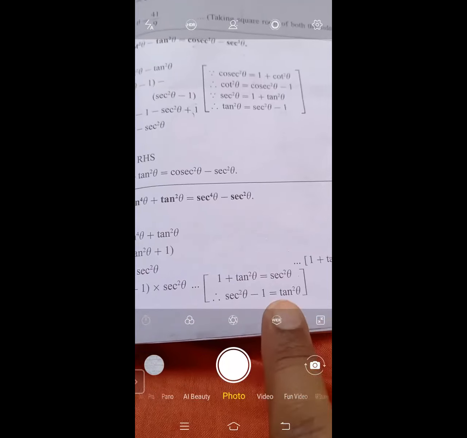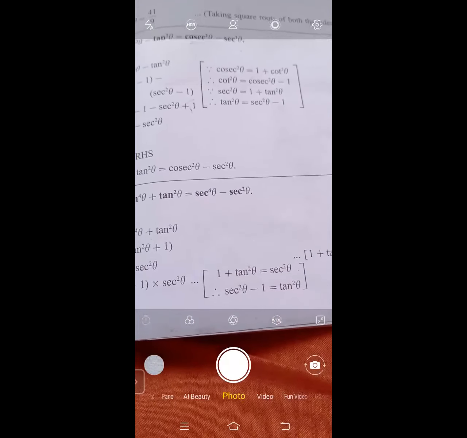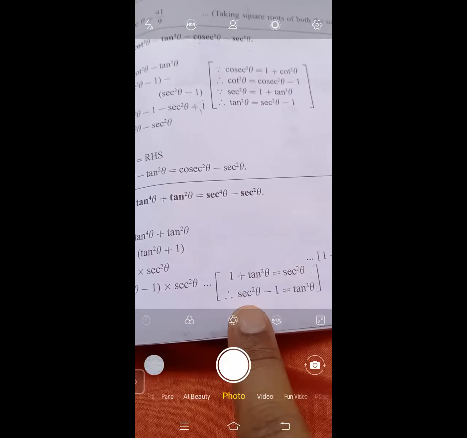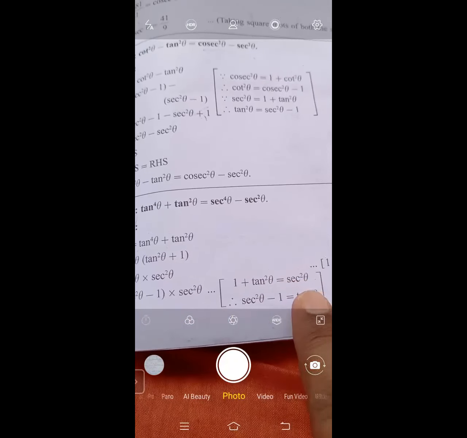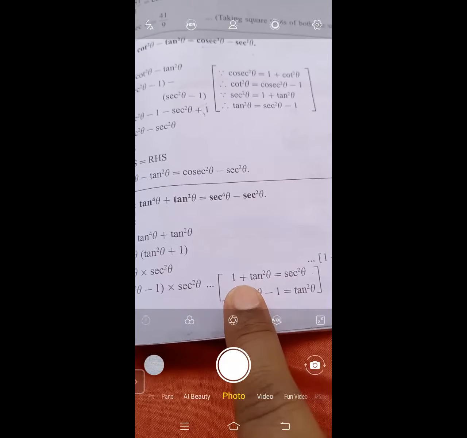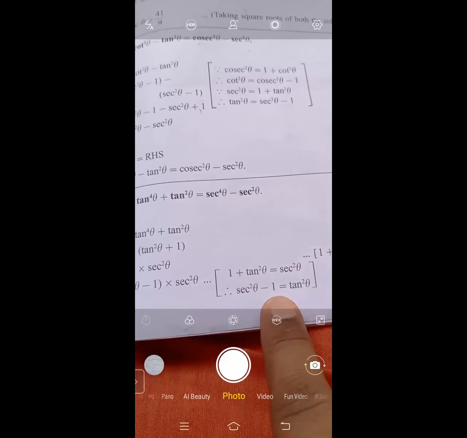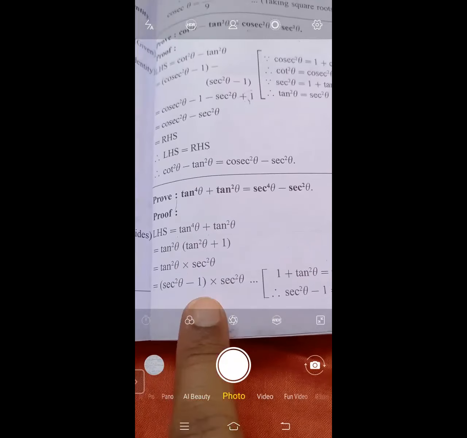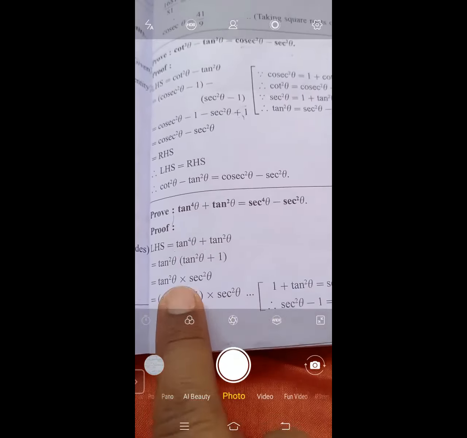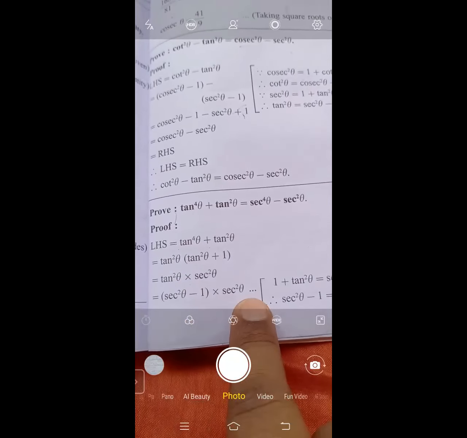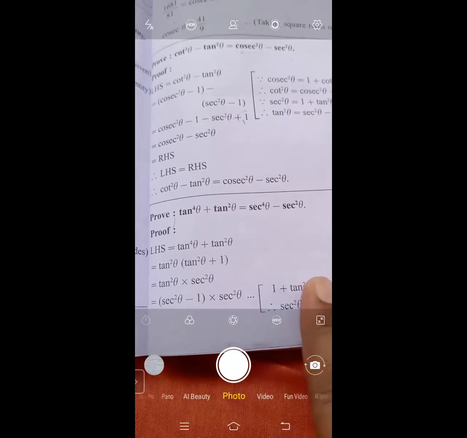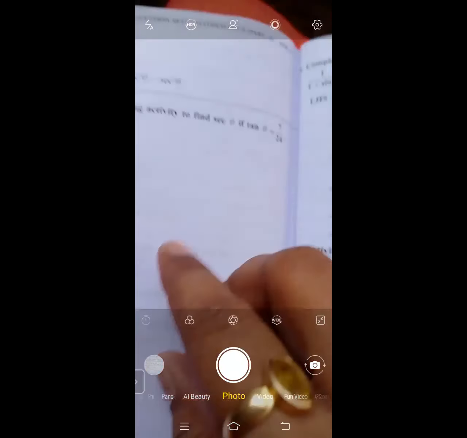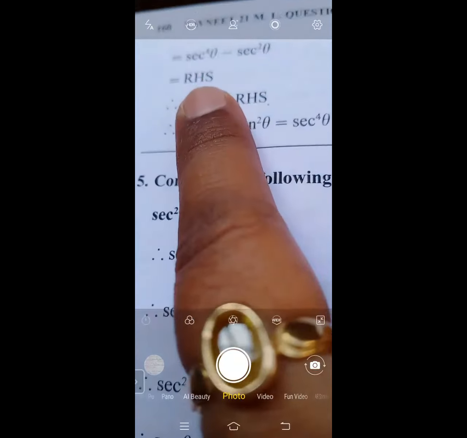While writing in terms of tan, the equation will get changed. Only tan square is left on one side, and whatever is there will get transferred to the other side. So tan square theta equals sec square theta minus 1. So they have just replaced it with sec square theta minus 1 into sec square theta, multiplying inside the brackets.